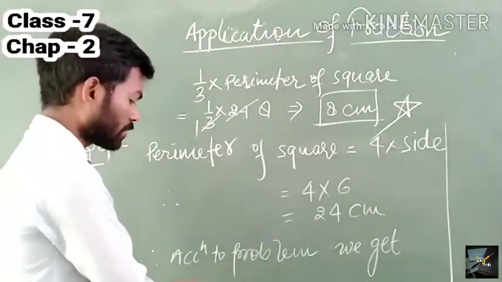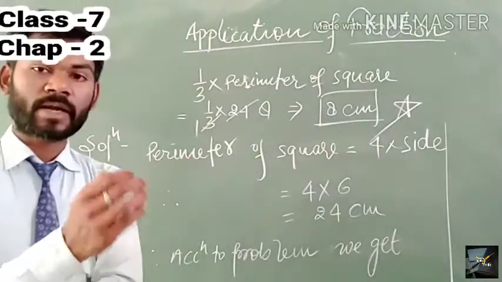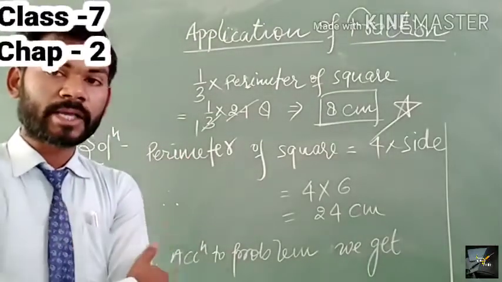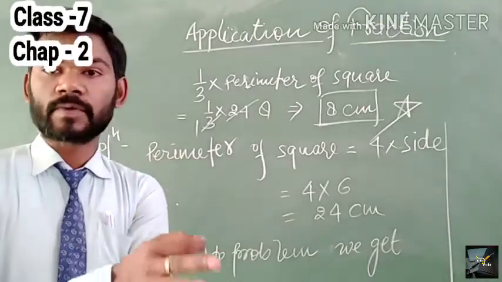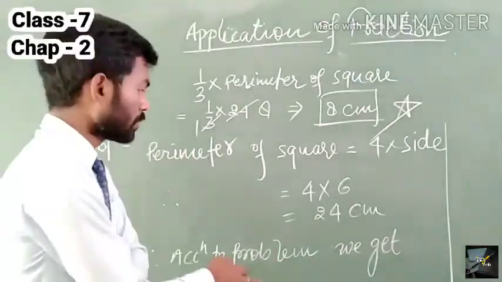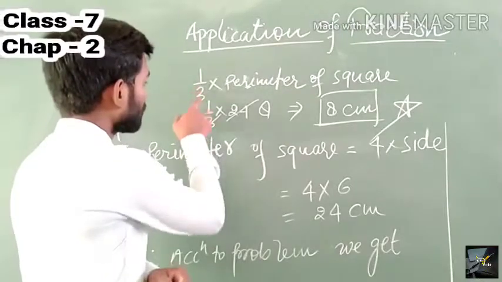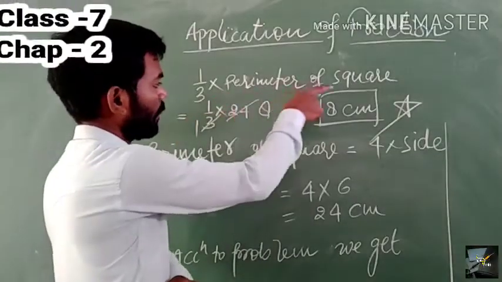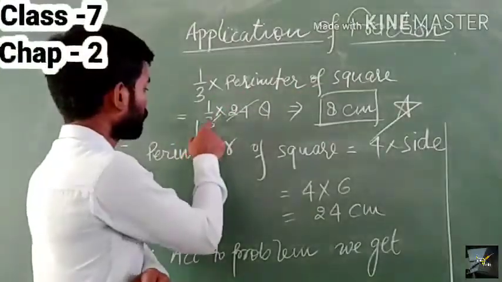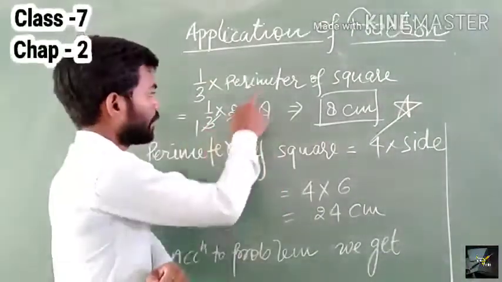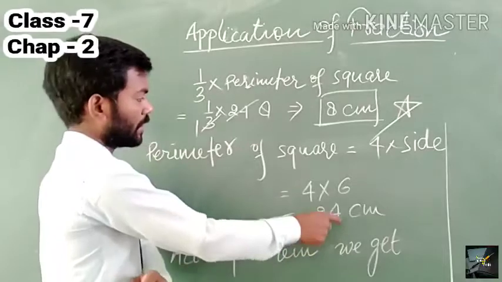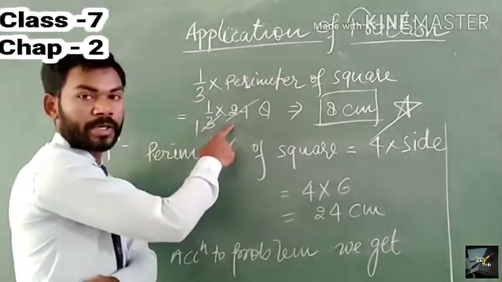Now, the problem says to find out the 1/3 length of the perimeter of a square. So here 1 by 3 multiplied by the perimeter of a square. So put the value. 1 by 3 will remain as it is, and the perimeter of a square we obtained here as 24.